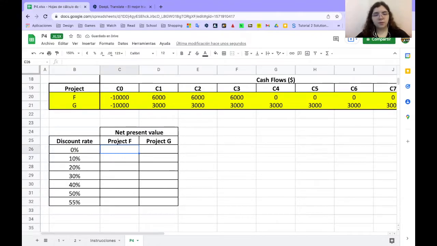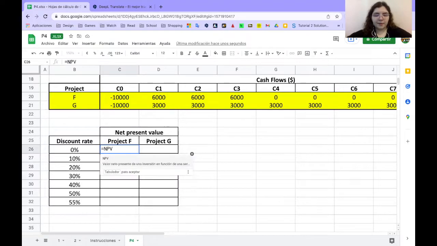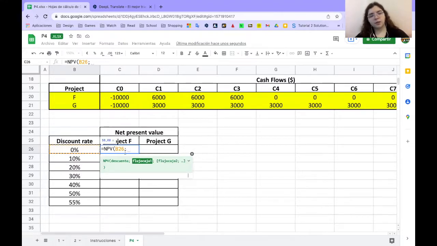For this I'm going to use the formula that Excel has. It's NPV, that is net present value. And well, first you have to put the discount rate. In this case it's 0%. Then you have to put the cash flows.